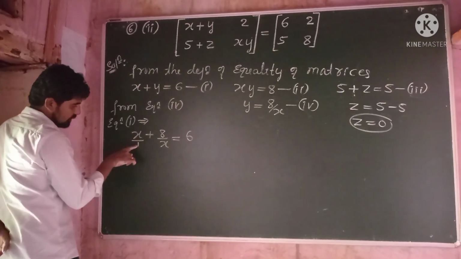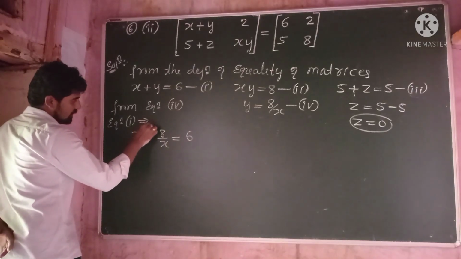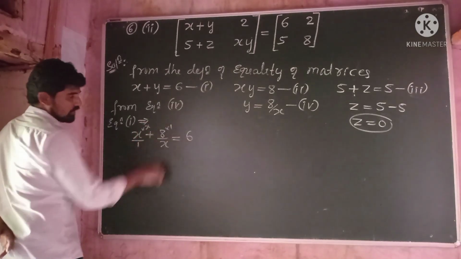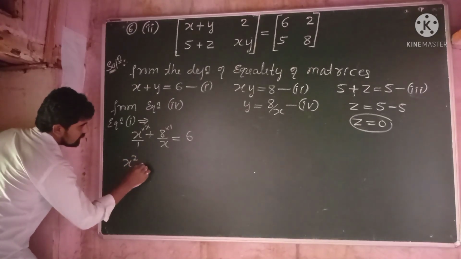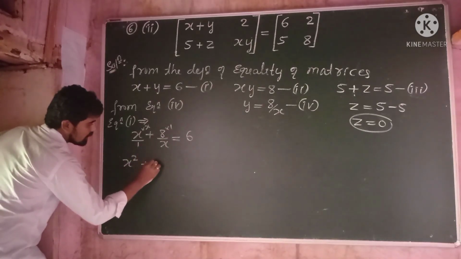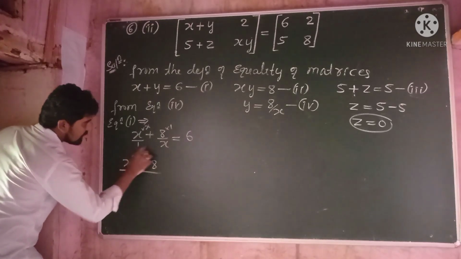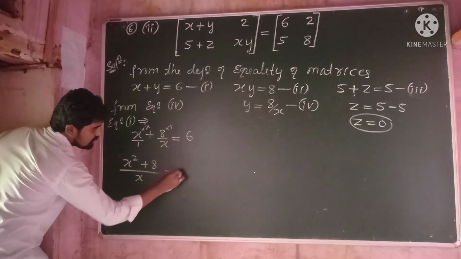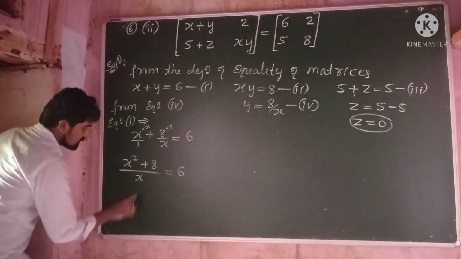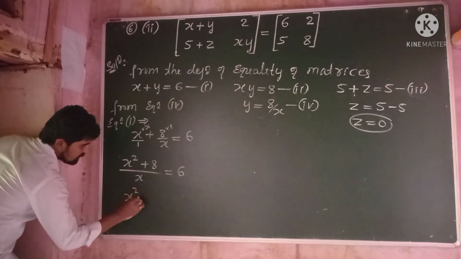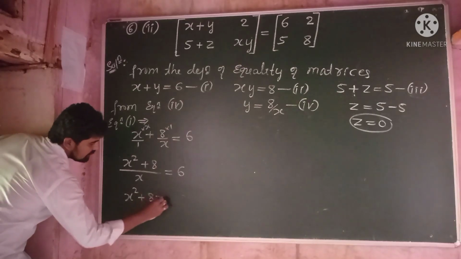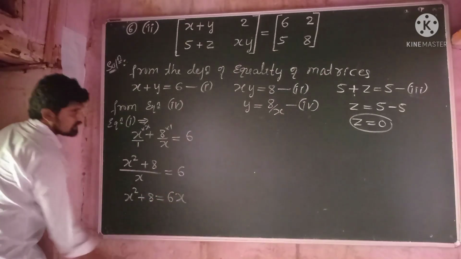So here multiply by 1 into x and here multiply by 1. So x into x, x square, plus 8 into 1, 8, divided by LCM x, is equal to 6. Shift this x towards the right hand side. It becomes x square plus 8 is equal to 6x.